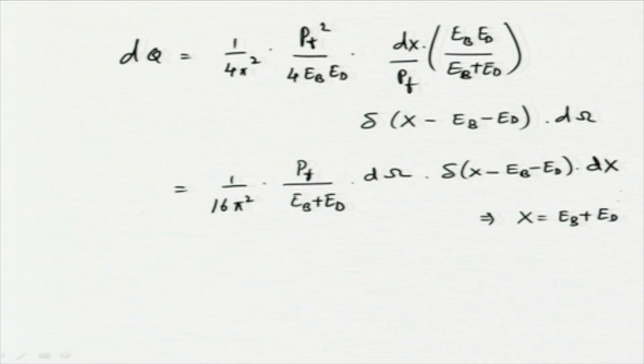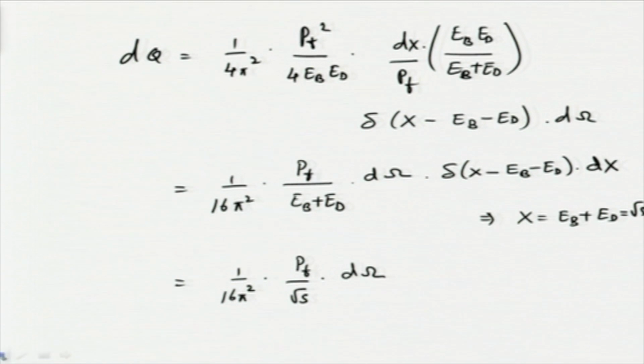E_b plus E_d is equal to x, we had taken it as root s. So, that will give you 1 over 16 pi square, p_f over root s, d omega. It's as simple as that.